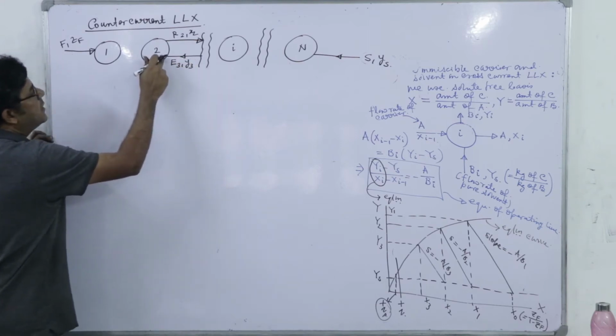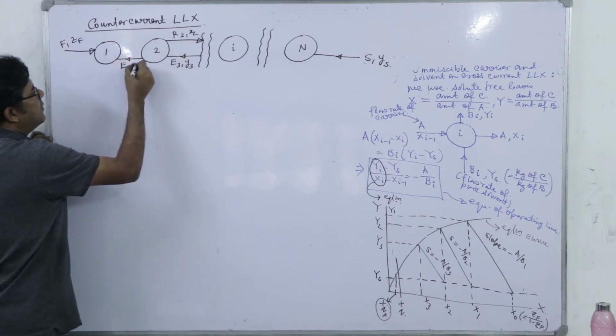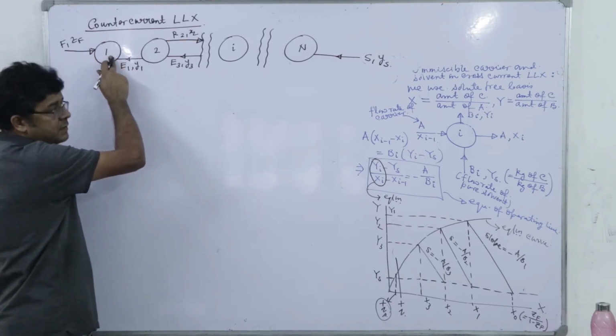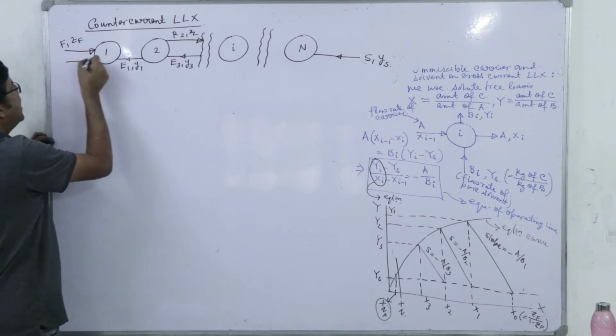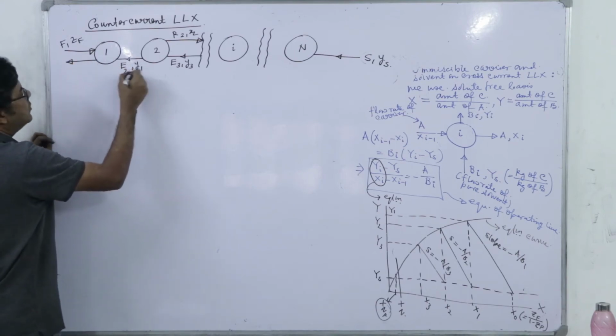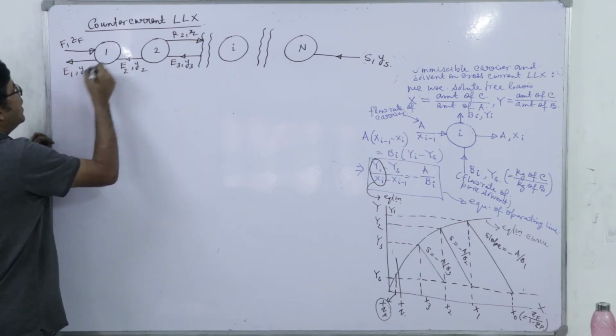So, this is being used as a solvent in stage 2, generating the extract E2 Y2, which is being used in stage 1 as solvent and generating the final extract E1 Y1.